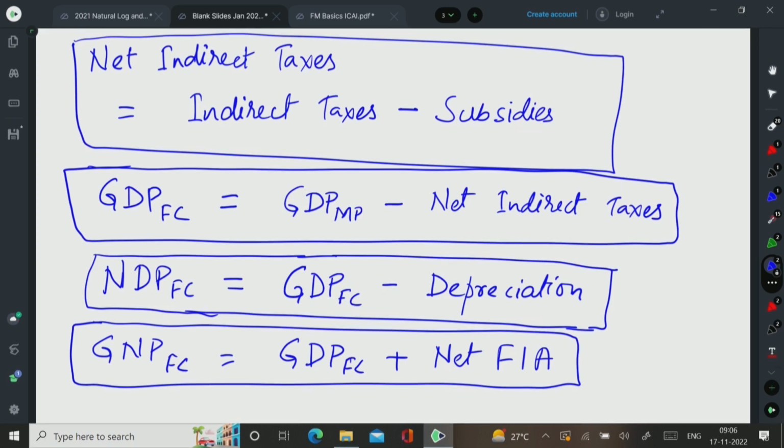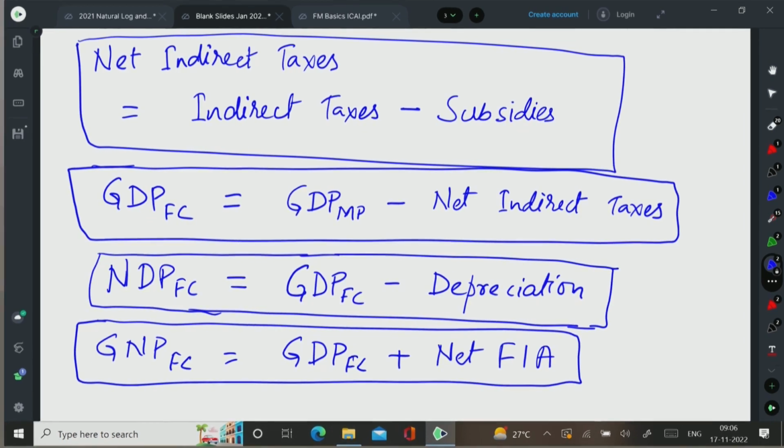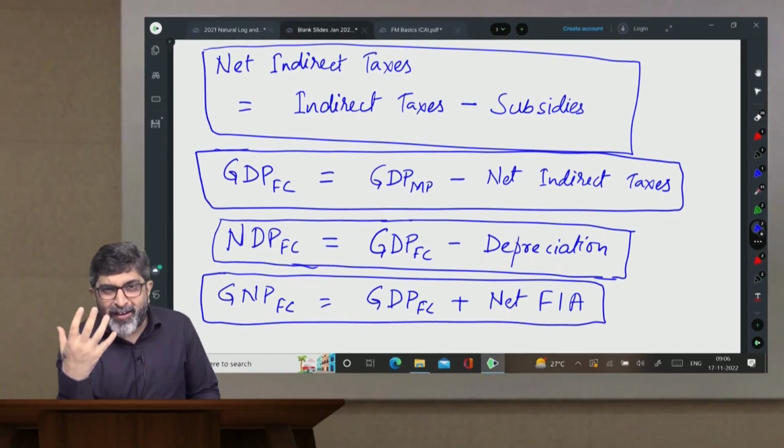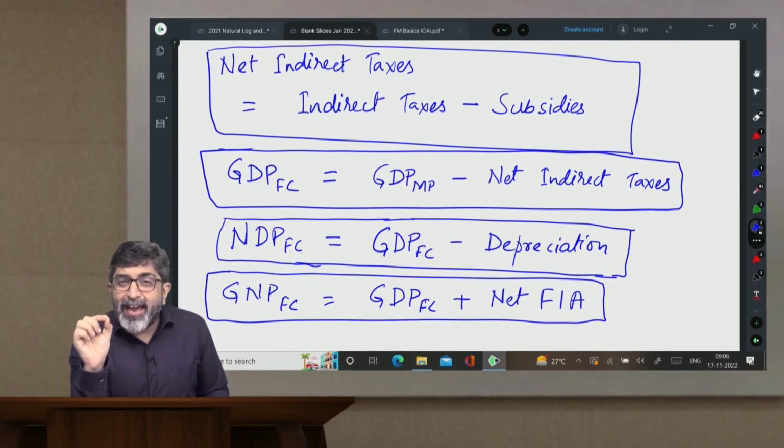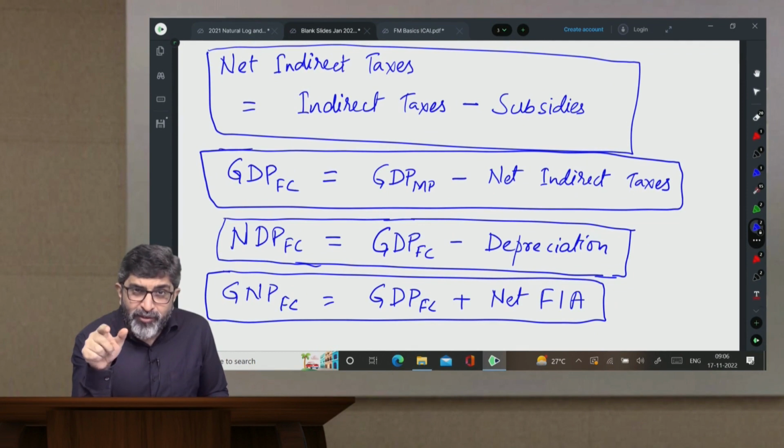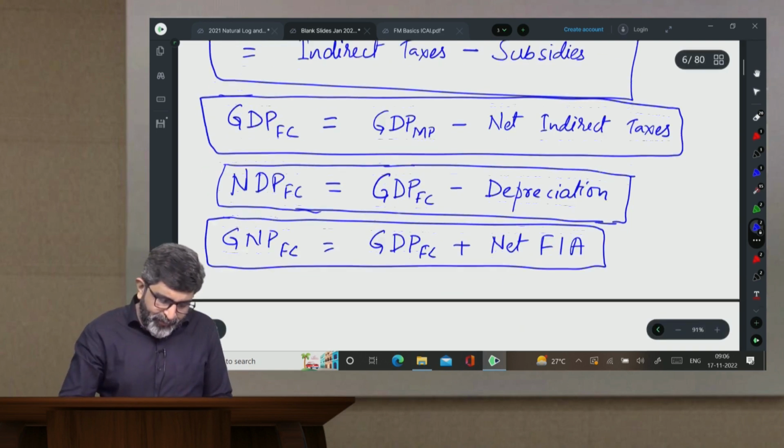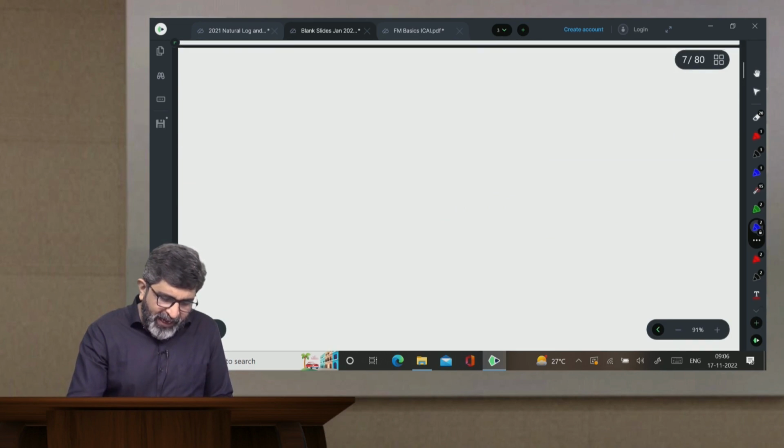Alright friends, I am sure you have finished writing this. Now we are left with just one factor, that is how would we determine NNP at factor cost, net national product at factor cost, and that is what we call national income. Here we have two different ways of arriving at that.